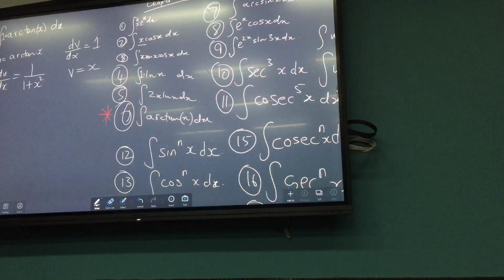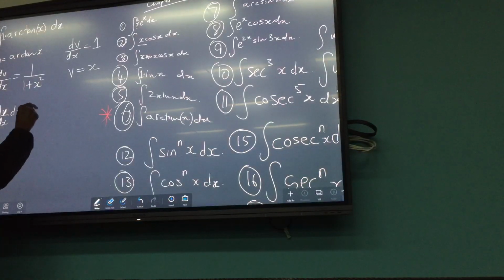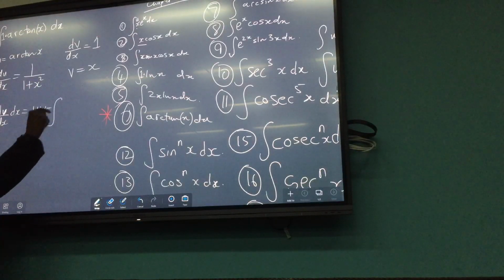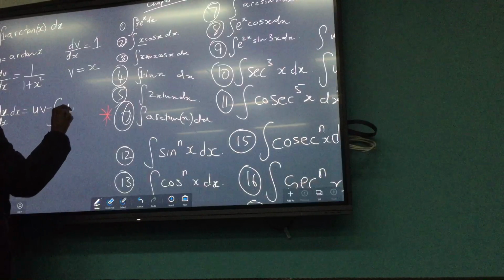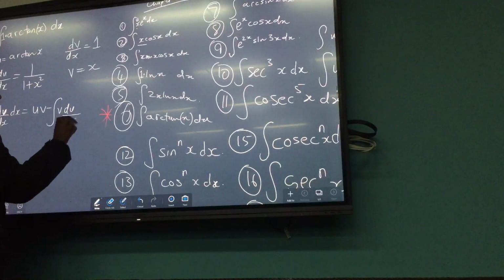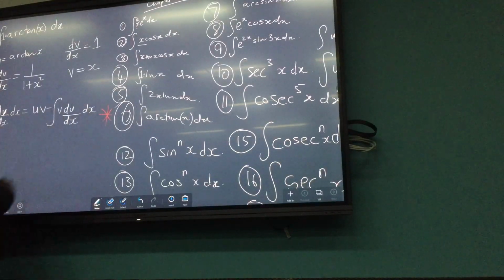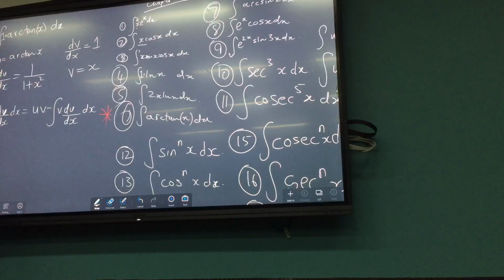So now we can write our formula for integrating by parts. The integral of u dv over dx is equal to uv minus the integral of v du over dx, dx. Now we plug in all the terms that we have.